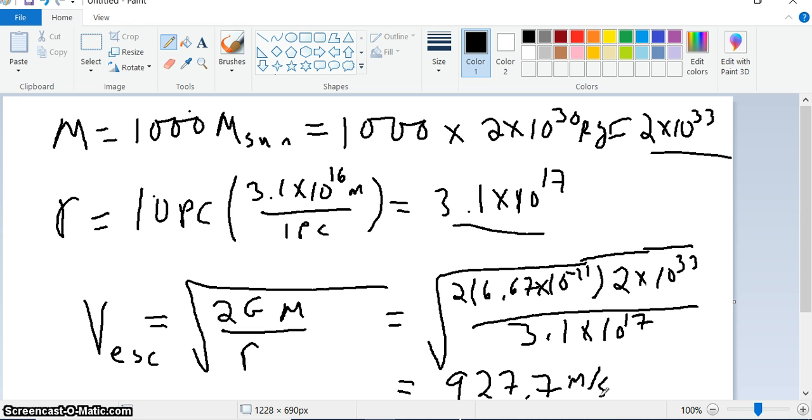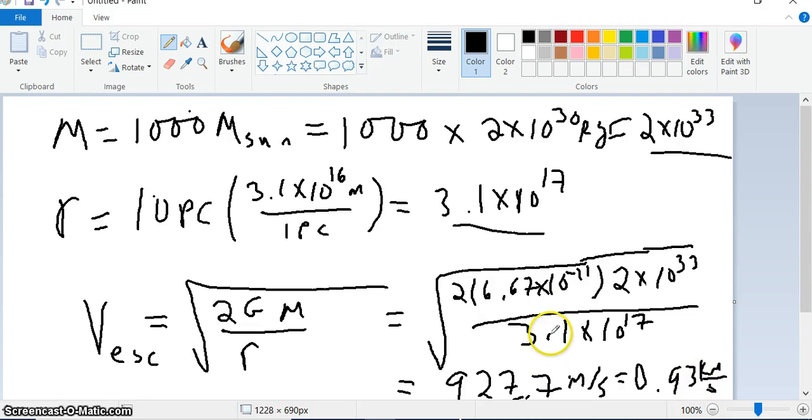And so to change it into kilometers per second, you just move the decimal place 3 places to the left, and so that becomes 0.93, something like that. Okay, and that's now kilometers per second.